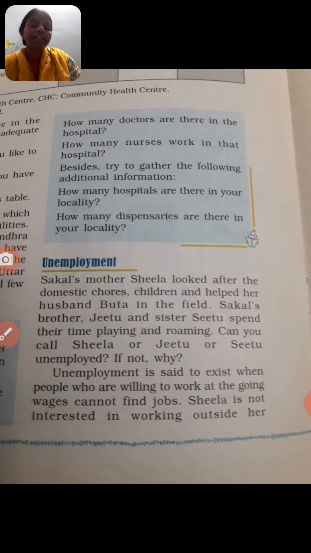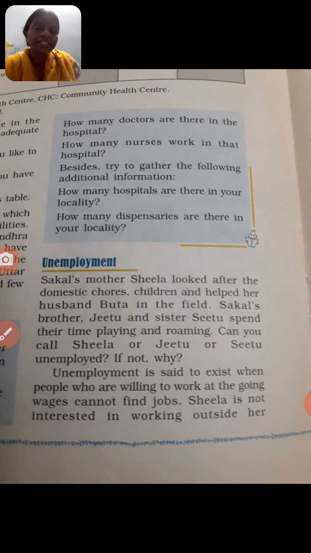Further it is divided into two parts: market activity and non-market activity. In market activity, we include those works which we do to earn money, to make profit, and which are valued in the market and included in the national income.